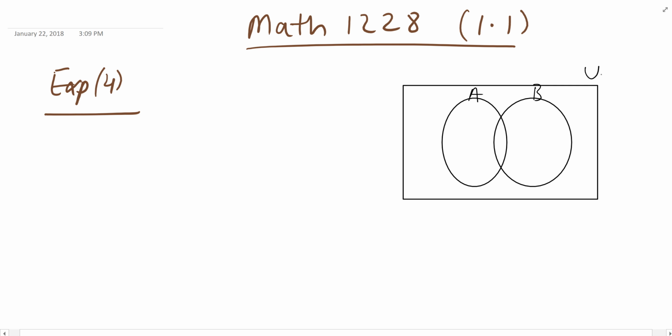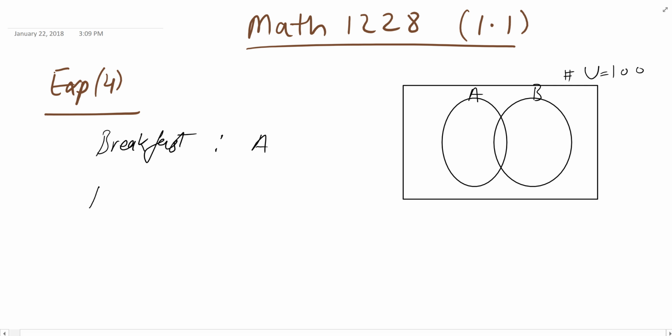Now, the whole universal number in the universal set is 100. 100 students in total. It's revealed that 22 of them either did not eat breakfast or did not brush their teeth.